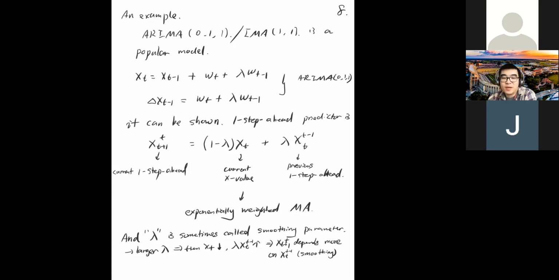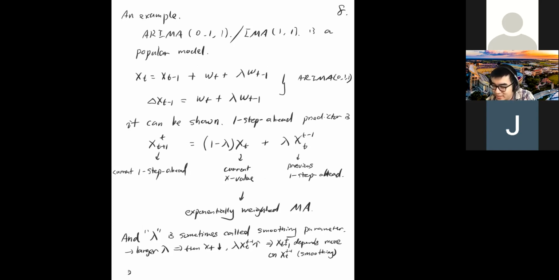And this will give us a smooth prediction, because your current value depends a lot on your previous value. If you draw those graphs, it would be a very smooth graph. There won't be a lot of jumps.